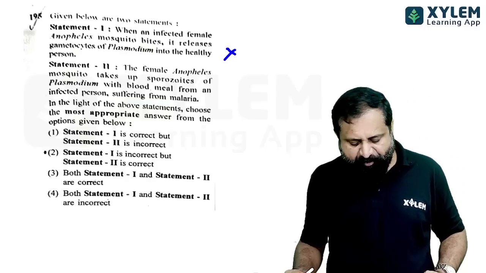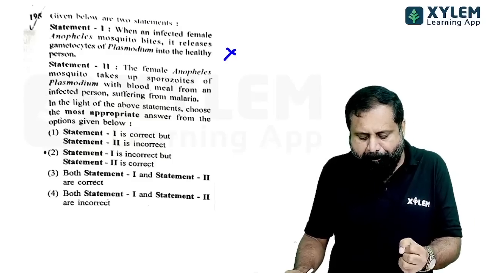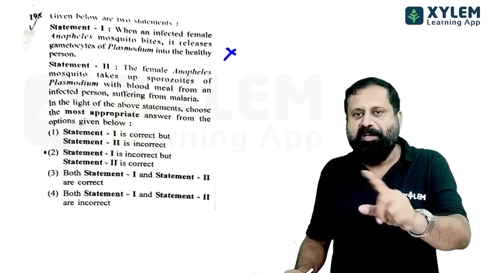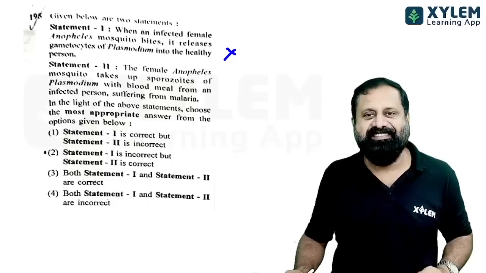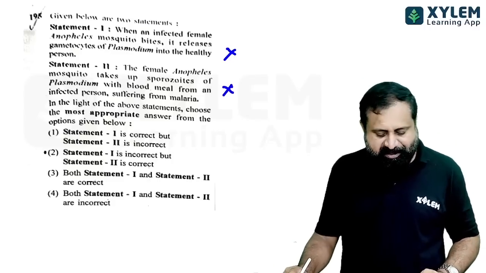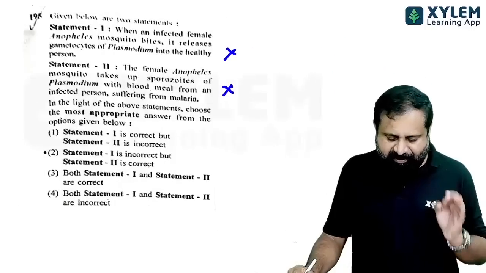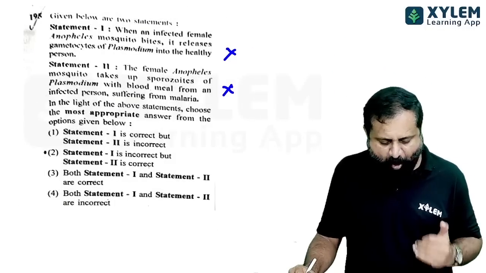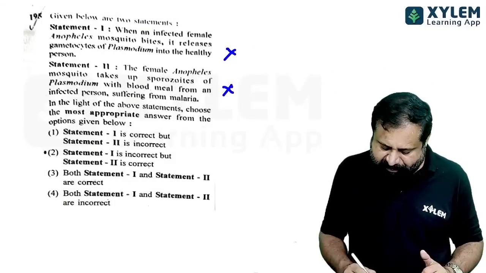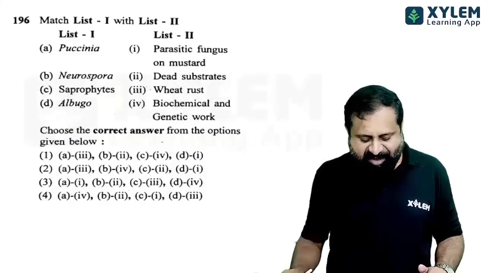Statement 2: the female Anopheles mosquito takes up sporozoites of Plasmodium with blood meal from an infected person. No, it is gametocytes, not sporozoites. Okay, so this statement is also wrong. So 195, the right answer: both the statements are wrong. Statement 1 and statement 2 are wrong.